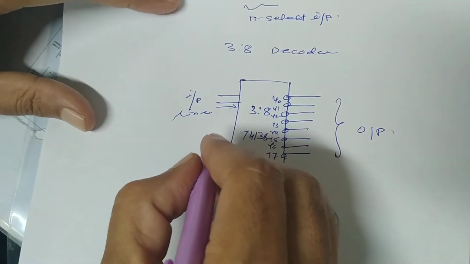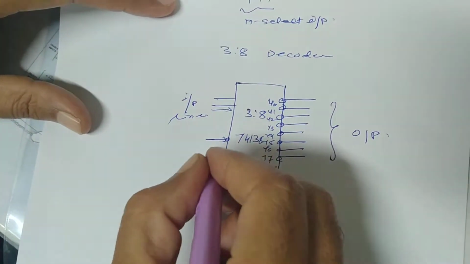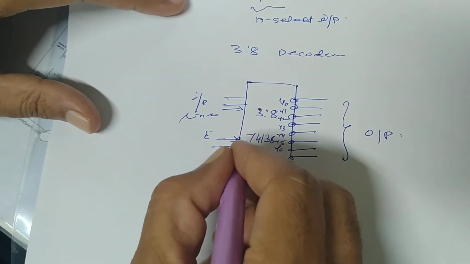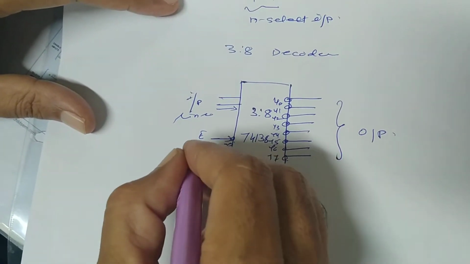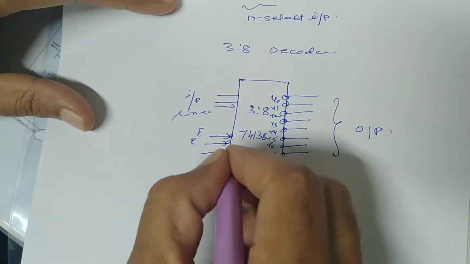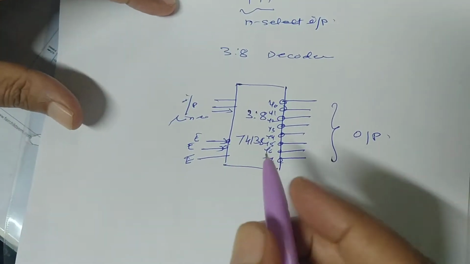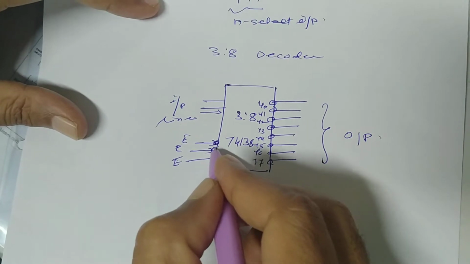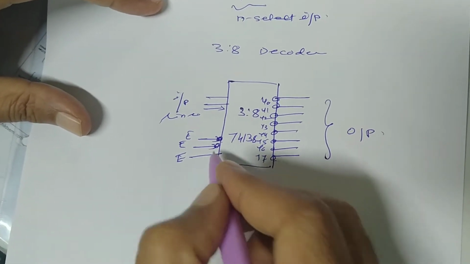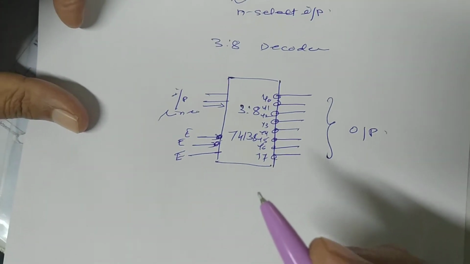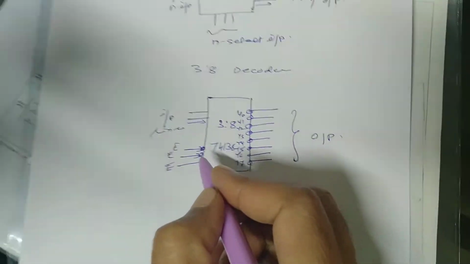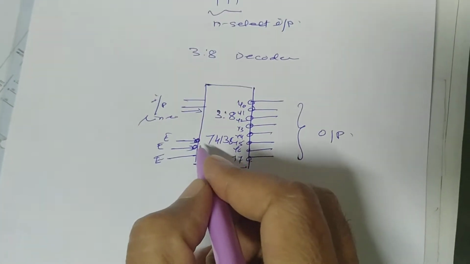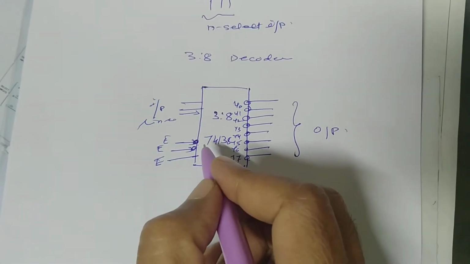It is having enable inputs. This is an enable input, one more enable input, and this is an enable input. See, this bubble indicates it is active low. 2 are active low inputs and 1 is an active high input. There are 2 types of input in digital: active low and active high.